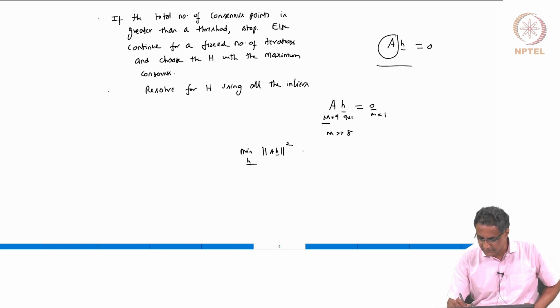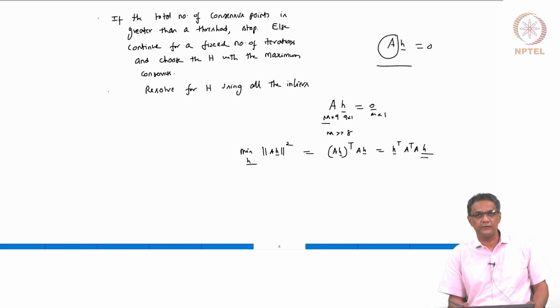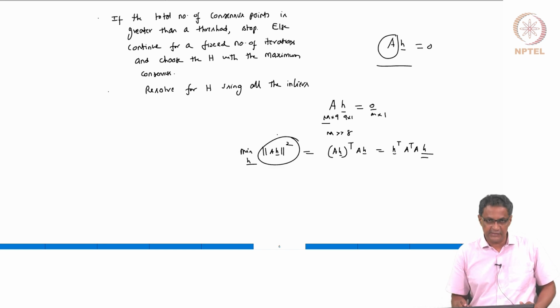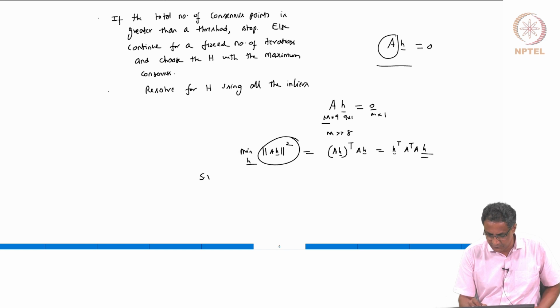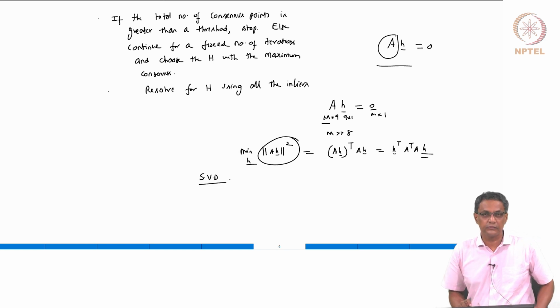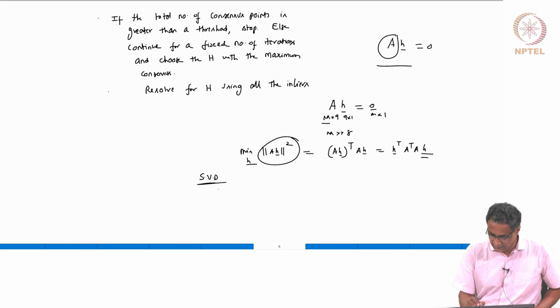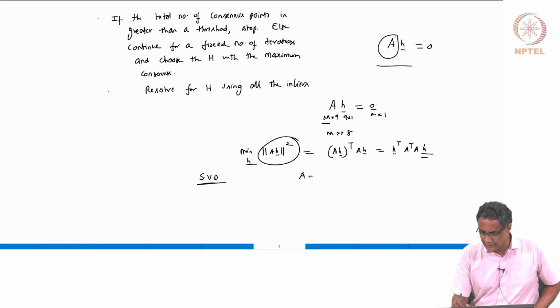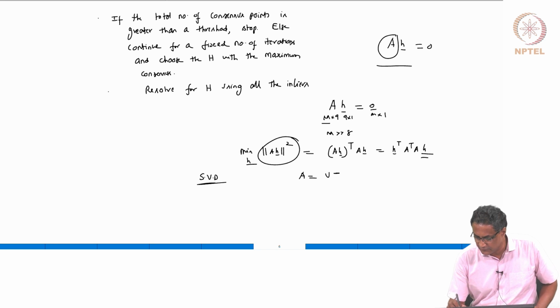So this is like AH transpose AH, which is H transpose A transpose AH. What you want to find is that H which minimizes the length of AH. One of the standard ways to do it is to use SVD, singular value decomposition, which you all know: taking any rectangular matrix, you can decompose it as U sigma V transpose.